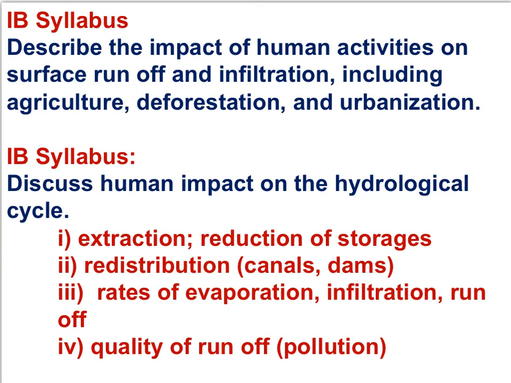Humans are changing the rates of evaporation and infiltration and runoff through agricultural practices and deforestation. And humans are changing the quality of runoff through pollution. Urbanization and increasing population numbers are both putting pressure on water resources, making worse all of the ways in which people interact with water.